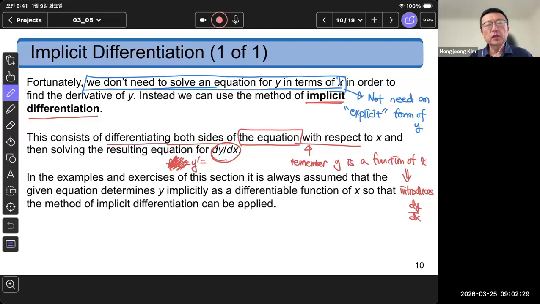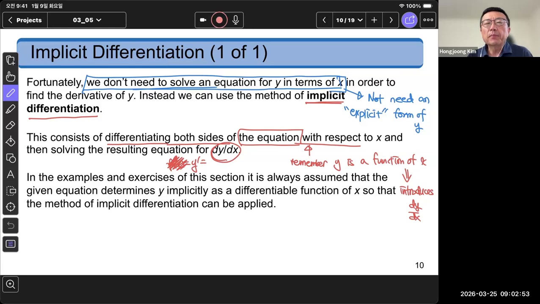Usually you are given some equation in x and y, so that when one variable, say x, varies, the other variable y must change accordingly.